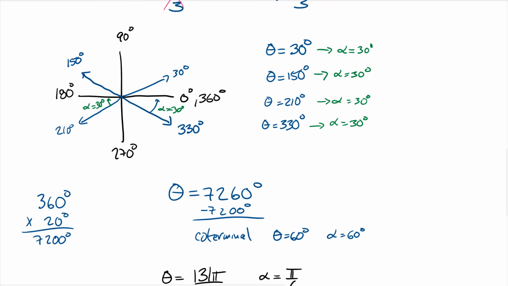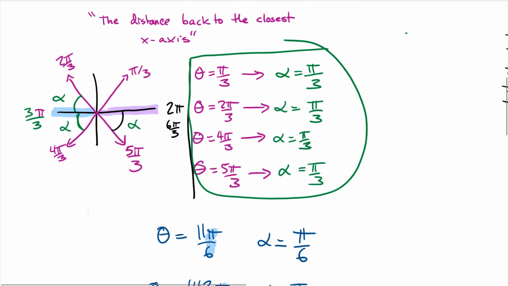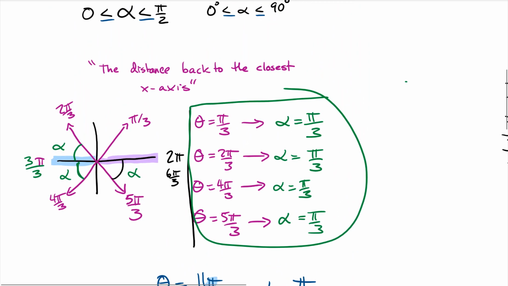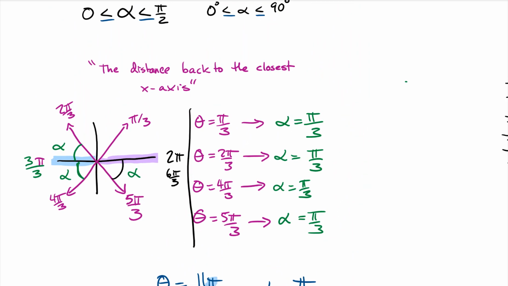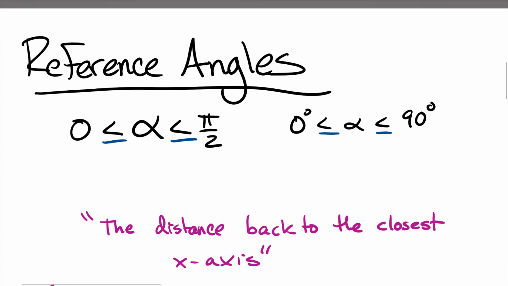You might not like it yet, but students don't touch degrees by the end of this class. At least students that pass the class, they never touch degrees. They always try and stay away from degrees. So that's the game. Again, reference angles are between 0 and pi over 2, or 0 and 90 degrees. And we're going to continually think the distance back to the closest x-axis.